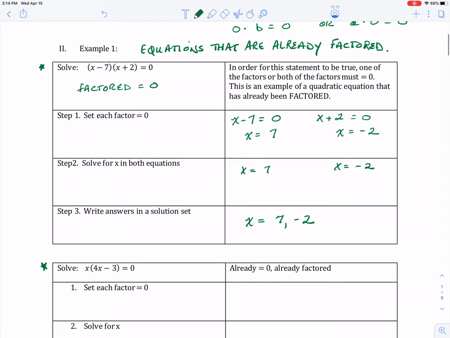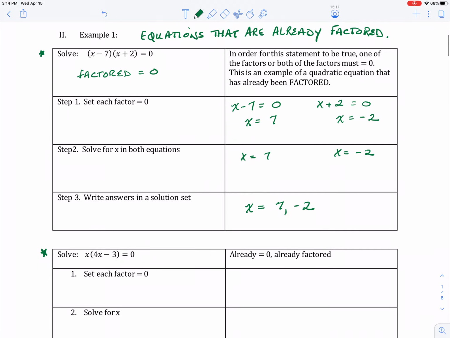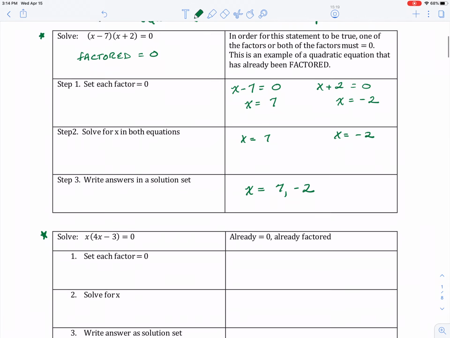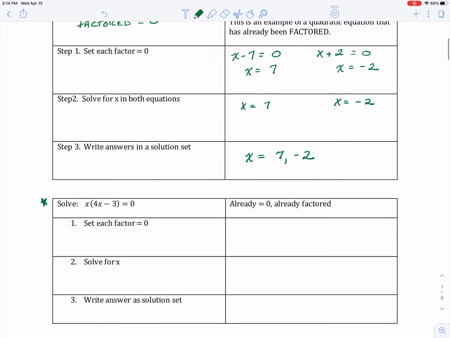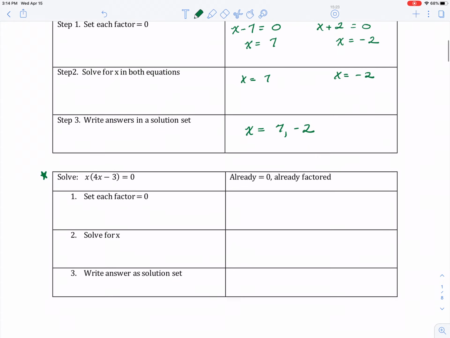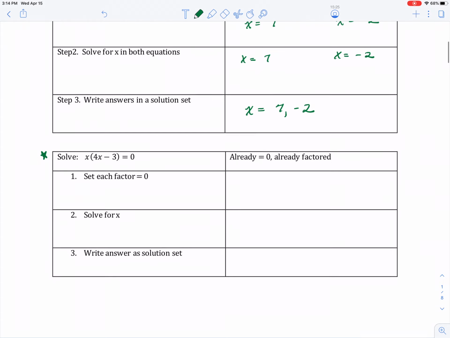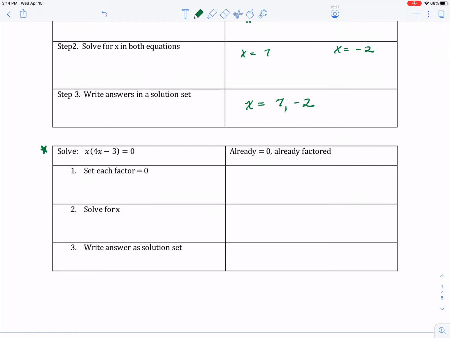The second one is also already in factored form. So I'm going to scroll up just a little bit here. Since it's already factored and already set equal to 0, I'm going to take the first factor and set it equal to 0. And I'm going to take the second factor and do the same thing. So you can see the first equation is already solved.